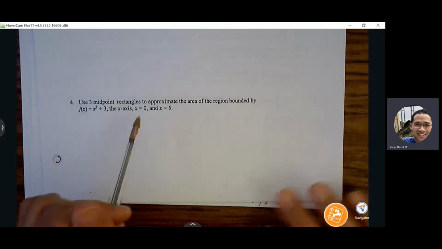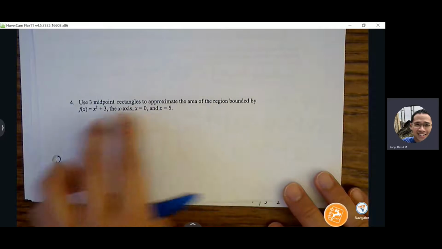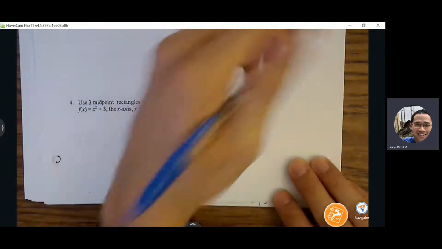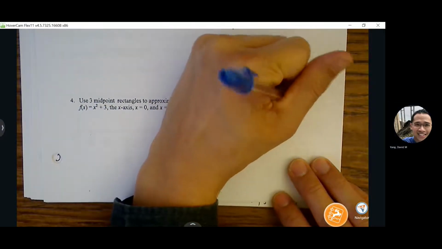So this is a problem where because you're only given the function and the a and b values and the n value, we're going to be building our width. So if we're building our width, we'll be using width equals b minus a over n.